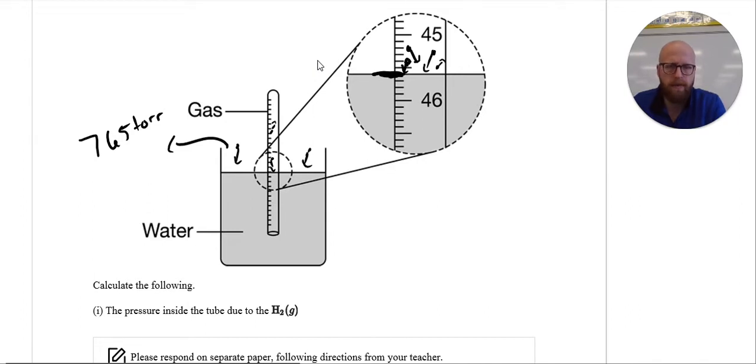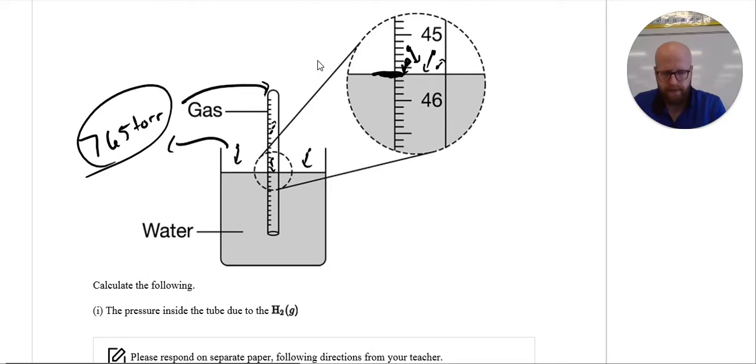Why? The water level is the same, so we know we're pushing down with the same amount of force. So this gives me the pressure inside this tube. The atmospheric pressure is equal to the internal pressure when the water levels are equal.